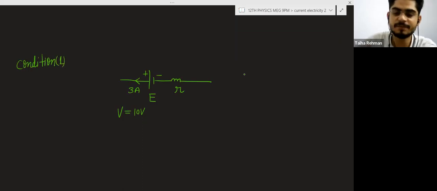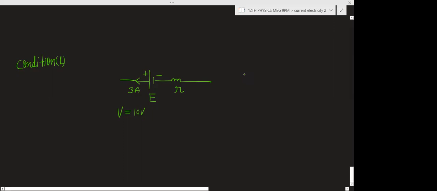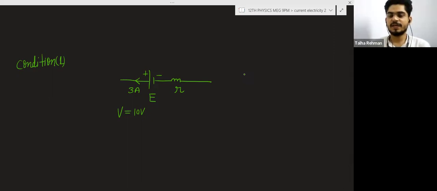So Hamza, tell me, is this battery in the charging condition or in the discharging condition? In the discharging condition. Yeah, this is the discharging condition because the current is flowing from the positive terminal and terminating at the negative terminal.